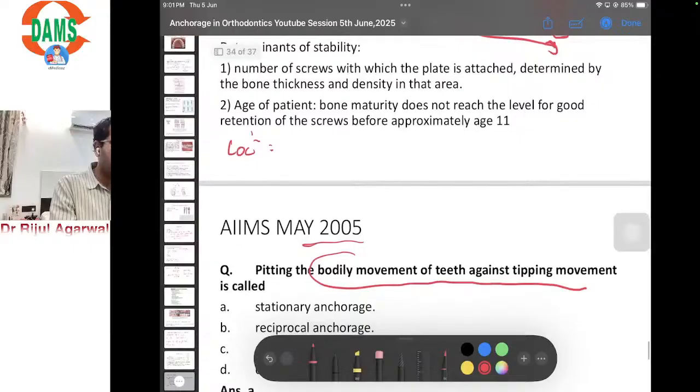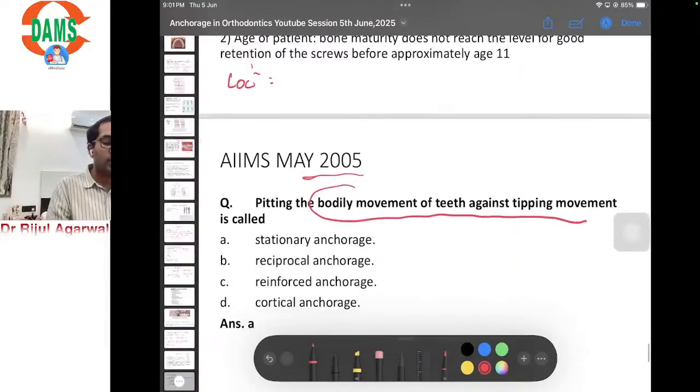Options are stationary, reciprocal, reinforced and curved. Now they haven't given you the first simple anchorage as an option, so it becomes easier for you to say stationary. Both words tipping and bodily movement were there. So as I've told you in the beginning, you need to understand the concept behind this.